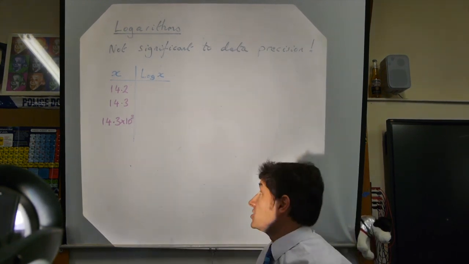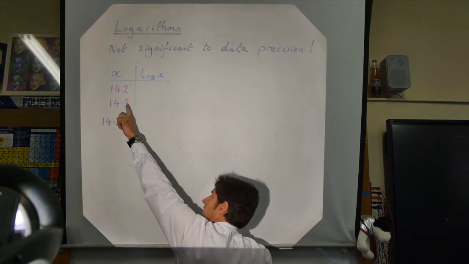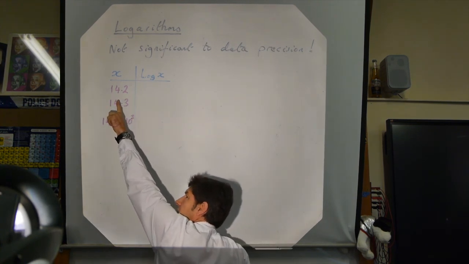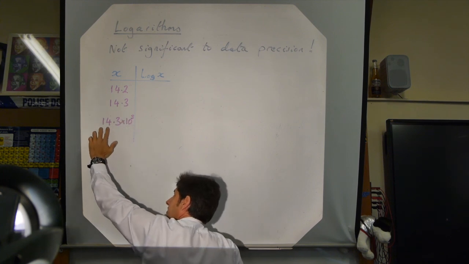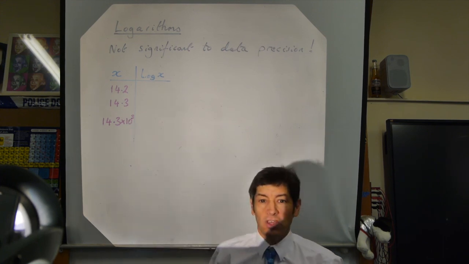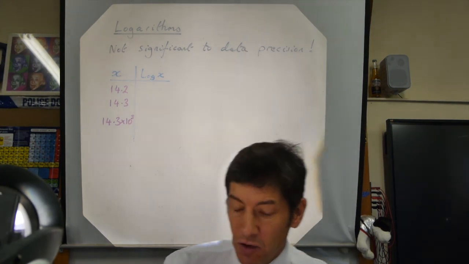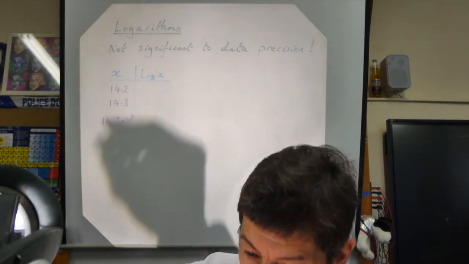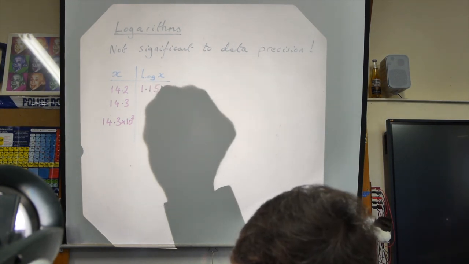So if you take the logs of those, just look carefully. This is a bit more than 10, a bit more than 10. And then here you've got the 10 and the 1,000, so kind of a bit more than the 10,000, as it were. So a bit more than 10. So this one is going to be 1 and a bit, 1.152.